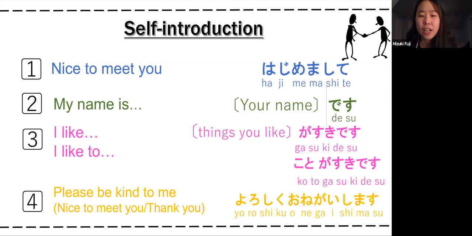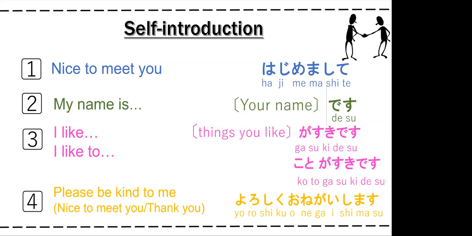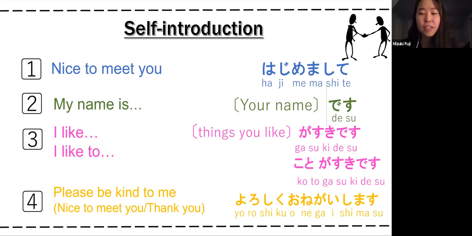When I talk to my friends or my family, I don't use desu or deska. Oh, why? It's formal, but if you talk to family or friends, you don't use desu. Yes, it's formal.